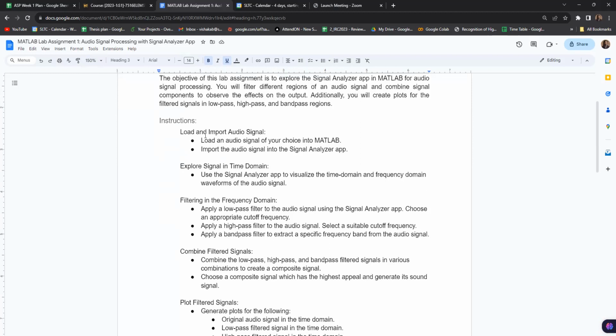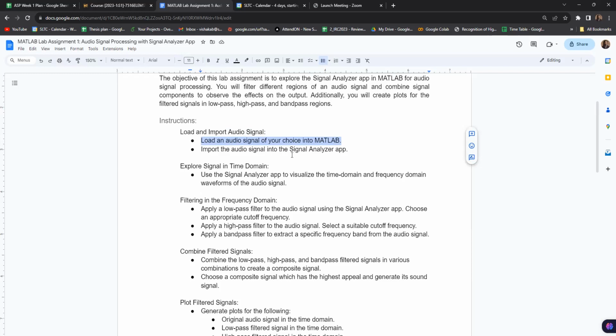Here, you have to import an audio signal of your choice. It can be any kind of signal, but I prefer a signal with a lot of high frequencies, low frequencies, and middle or band pass frequencies. So I prefer if you select a song or some music file that has different frequency components.